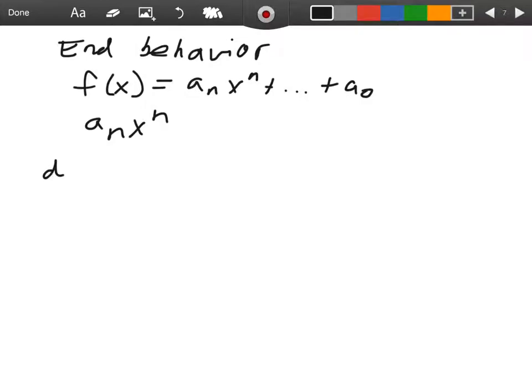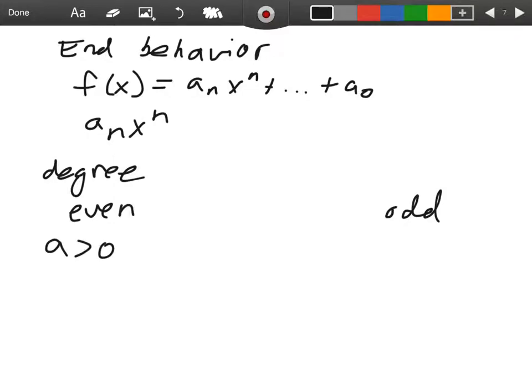There's 4 possibilities. First off, we have even and odd degree. We can determine that by that n. Then, the lead coefficient is positive or the lead coefficient is negative.